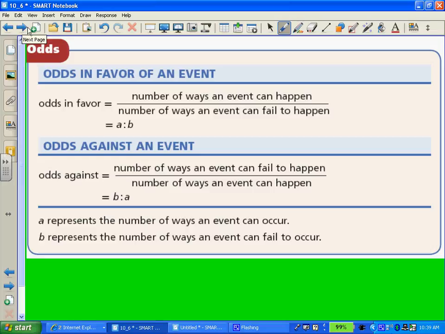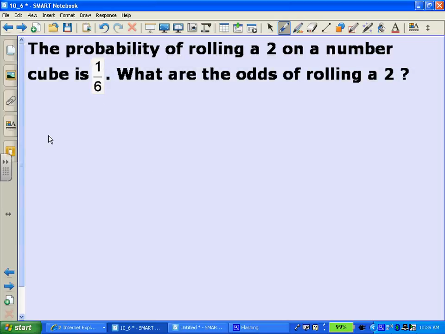So let's look at some of these problems. Mainly we're going to be working on how do we convert between odds and probability. So the probability of rolling a 2 on a number cube is 1/6. What are the odds of rolling a 2? Remember, odds are the number of ways it can happen. So it can happen one way, right?